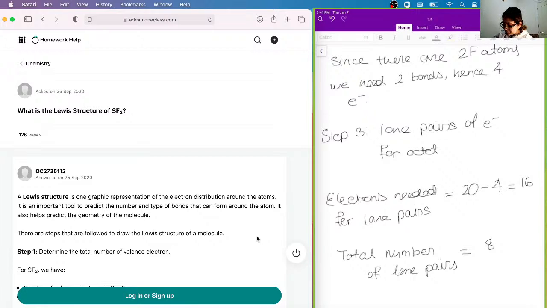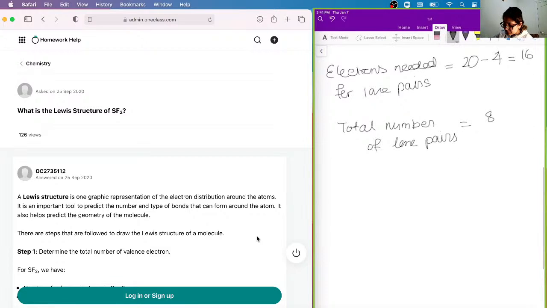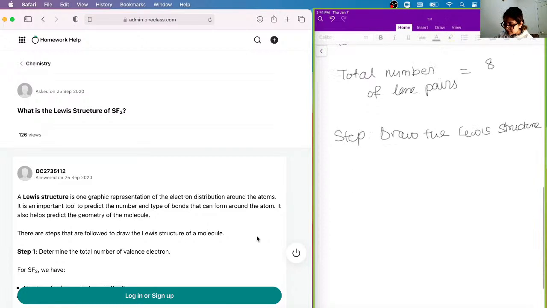And so using these three pieces of information, step 4 would be to draw the Lewis structure. Since we have two fluorines, we would have two bonds.